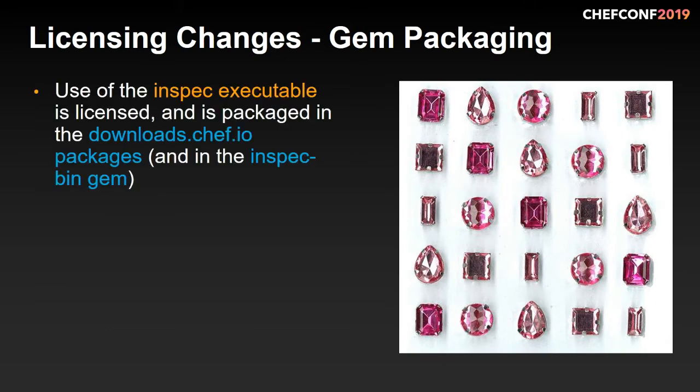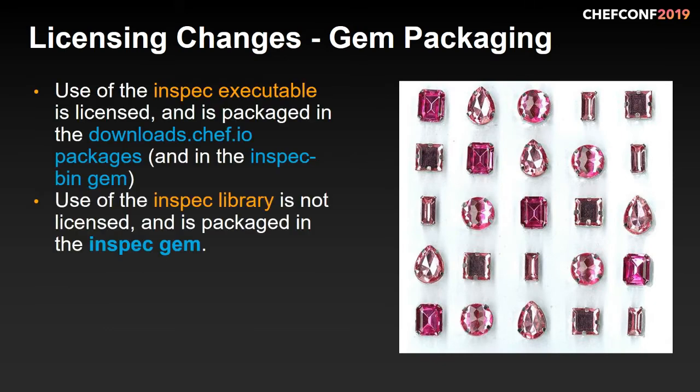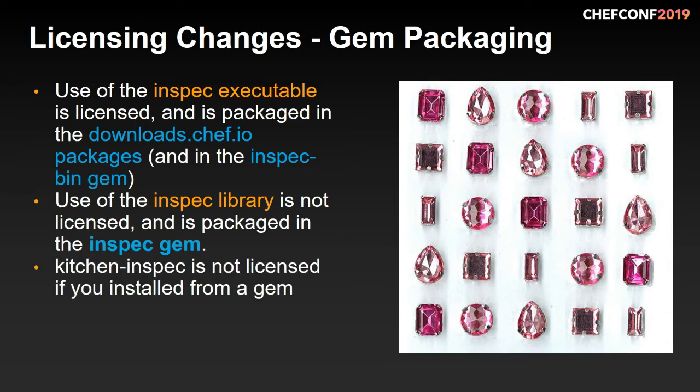And let's talk about how that looks from the gem packaging perspective. Overall, the idea is that anything that's a binary downloaded from downloads.chef.io is where you're going to have to accept the licensing. But the inspec library is an example where that will not be the case, because it's not a binary, you're just including it.